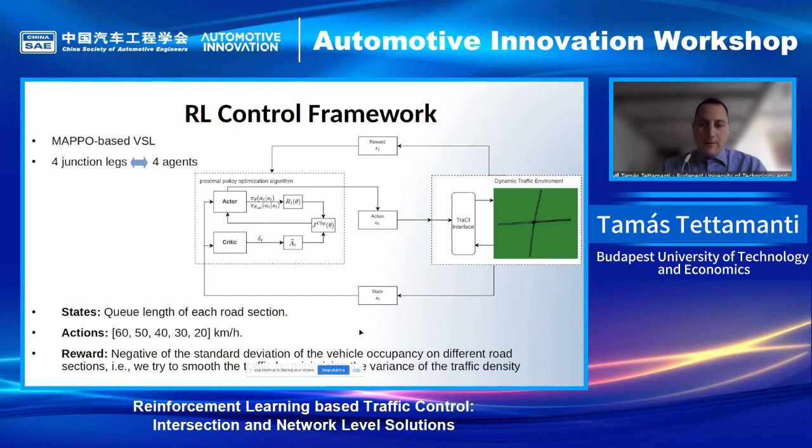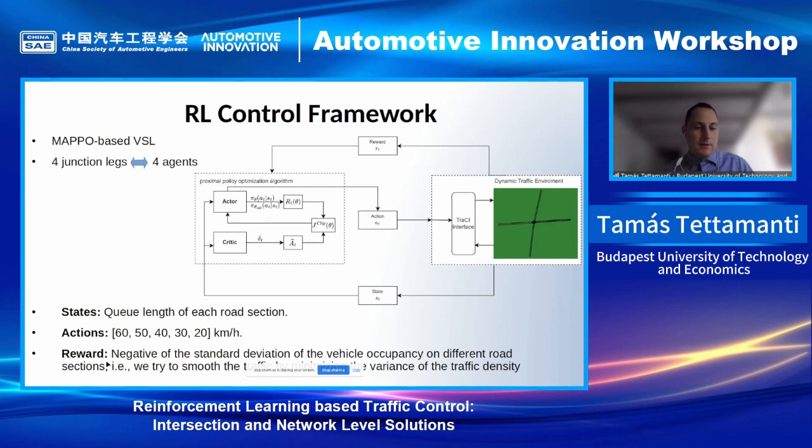So that is our concept, and we apply the multi-agent proximal policy optimization, the so-called MAPPO method, in our research. So the control framework you can see here briefly, and we tested this framework with an intersection, not so simple, an intersection with 4 legs, and the multi-agent are the 4 junction legs in our case. The states are the queue lengths of each road section or leg, and the action variables are the different discrete speed limits.